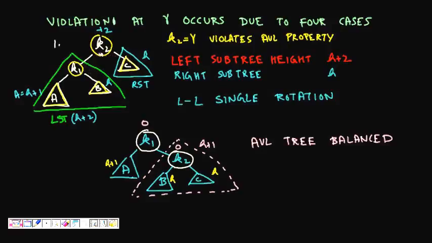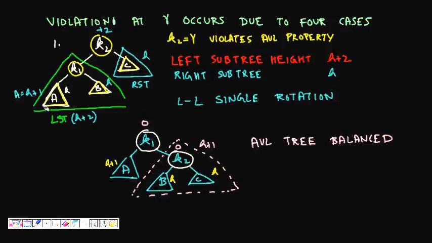Now let's say something was inserted in A, and k2 has its balance factor disturbed. Initially the height of each of these subtrees was h: A was h, B was h, C was h. Now the left subtree of k2 has total height h plus 1, and here it is h, so it is balanced.